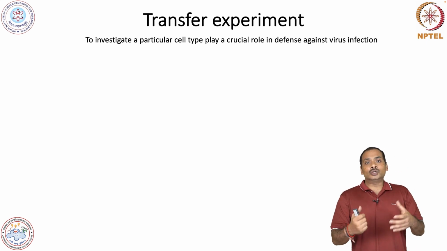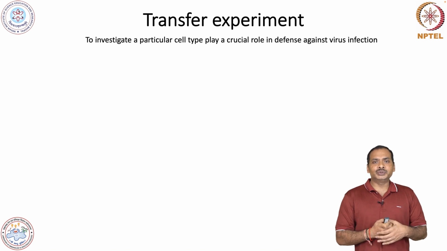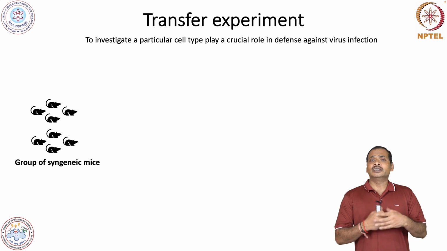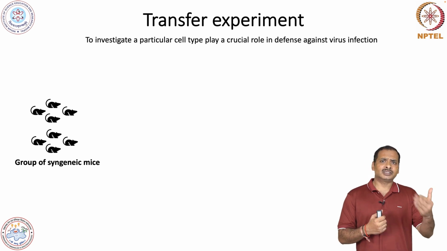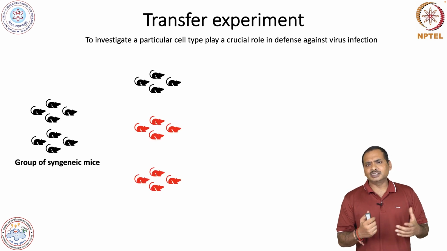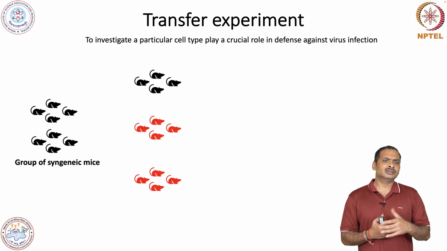Okay. So, we can use this strategy. For example, this is a group of syngenic mice, and using these syngenic mice, the genome will be consistent. Okay. And you can divide these syngenic mice into several groups.